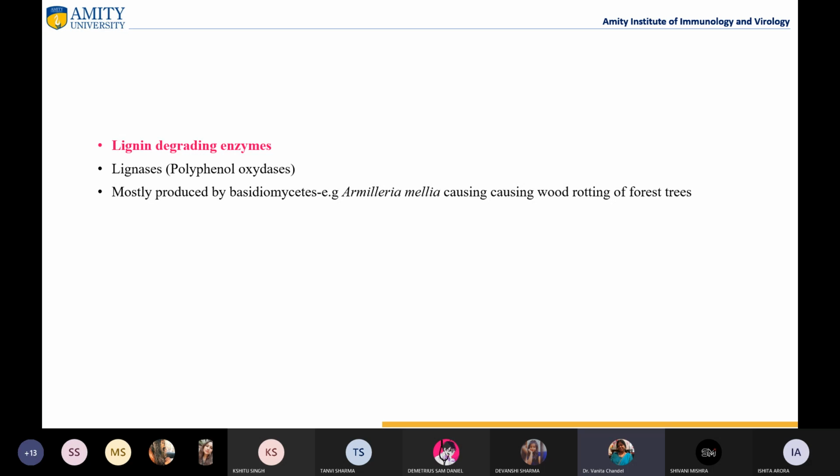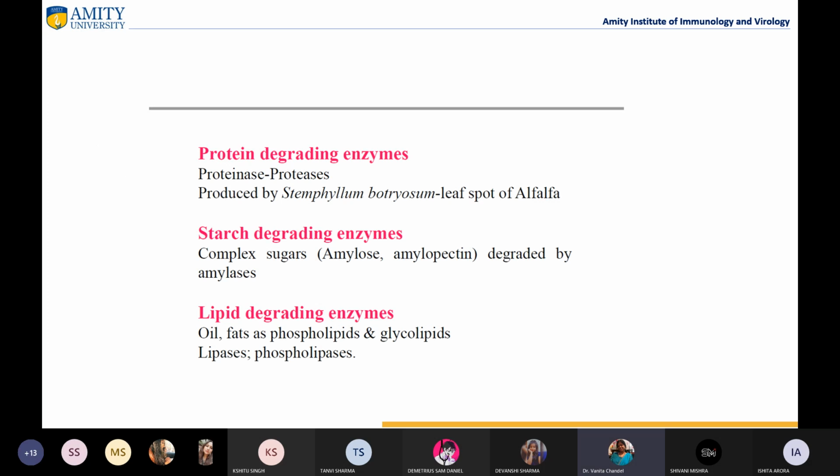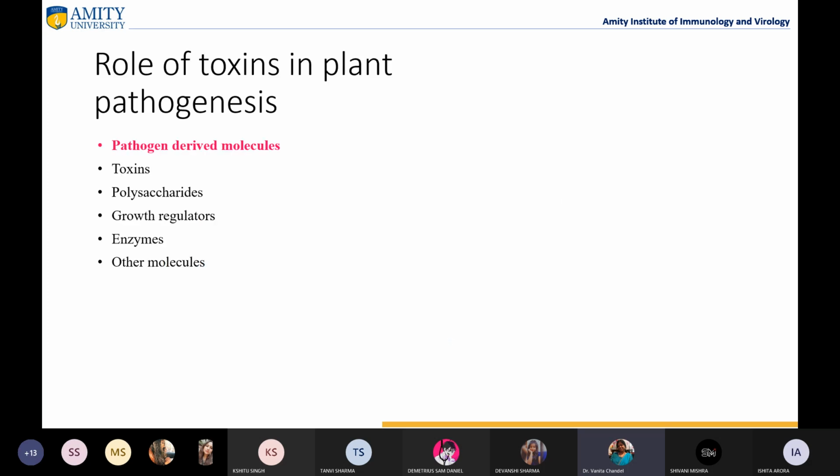So for that, they definitely need to produce a different kind of enzyme which can degrade their cell walls or which can make their entry possible through that particular tree. Then protein degrading enzymes, proteinases, then starch degrading enzymes, then lipid degrading enzymes, right? So we have different kinds of enzymes.